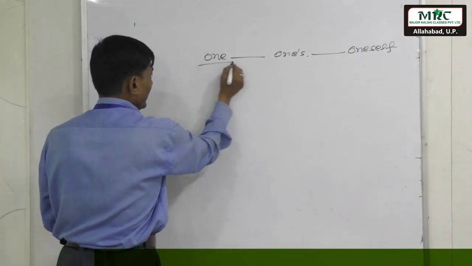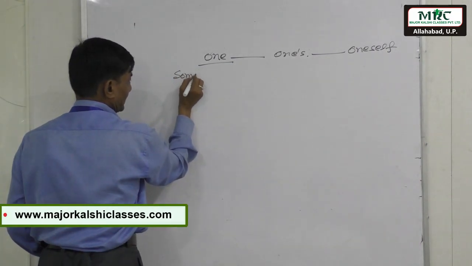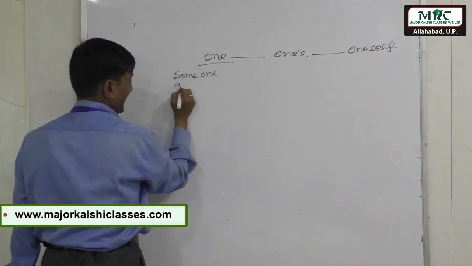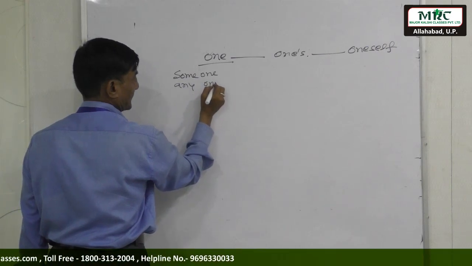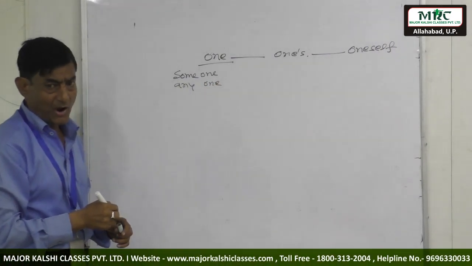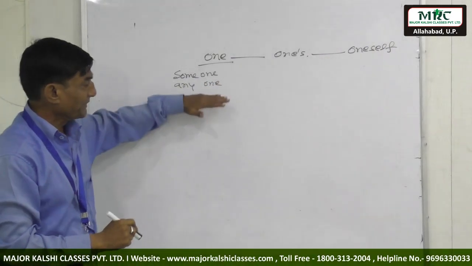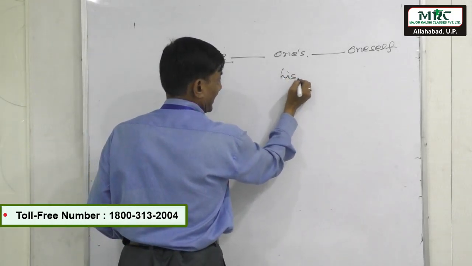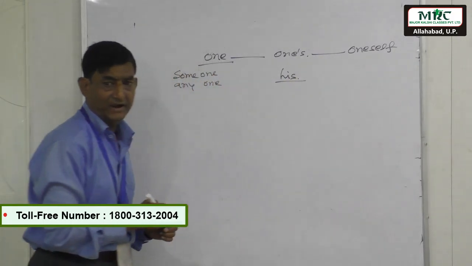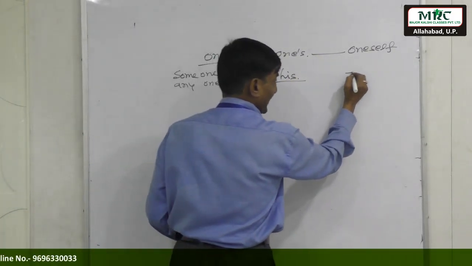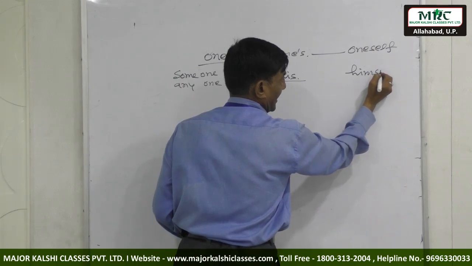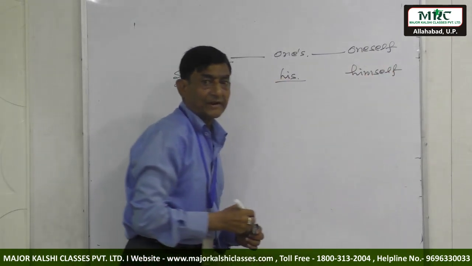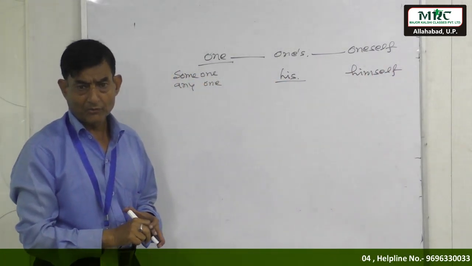But if we see someone, anyone, everyone, or no one as a subject of this, it takes his as a possessive adjective and himself as reflexive pronoun.